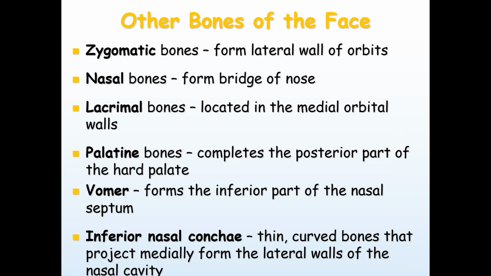So now the lacrimal bones are associated with the lacrimal ducts. The lacrimal duct, as you know, is a tear duct. So there's a reason why when people cry, the tears come from the corners of the eye near the nose.